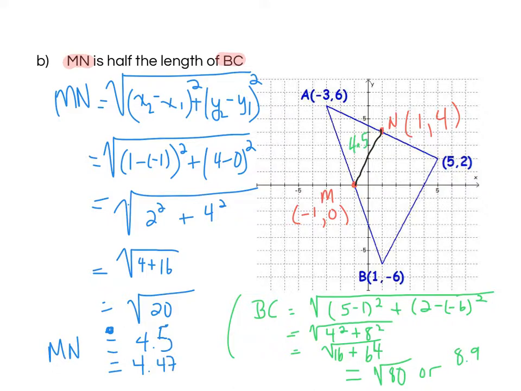So if I pay a little bit more attention to the number of significant digits, then I can comfortably say that the length of BC is twice that of MN, and I've just proved that.